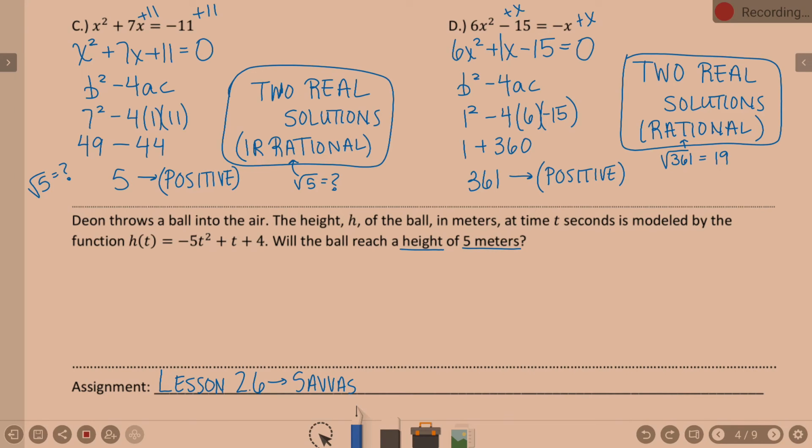Well, where we put the 0 yesterday, so this is your h of t. Because what we're trying to figure out is, does the height reach 5 meters? Yesterday was when does it hit the ground. Today is when does it get to be 5 meters, or will it get to be 5 meters? So I'm going to have the equation negative 5t squared plus t plus 4 equals 5.